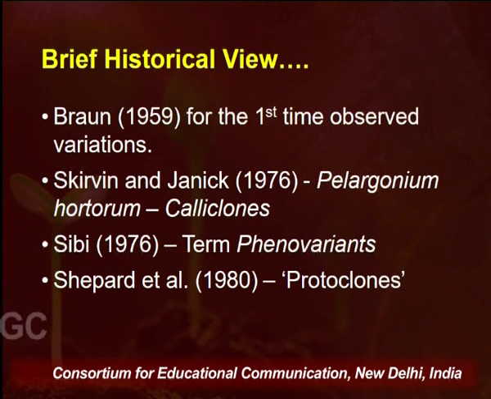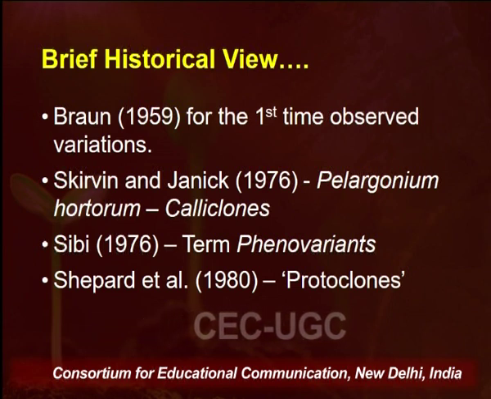When he further regenerated that plant using callus, and then regenerated plants again from the callus, the tumor still occurred in the regenerated generations as well. So he hypothesized that there are certain variations which remain stable in the upcoming generations also. This was the first instance when somaclonal variations were observed.